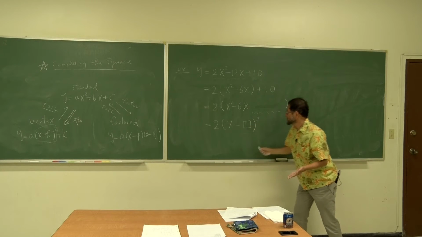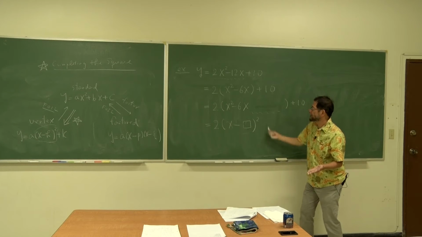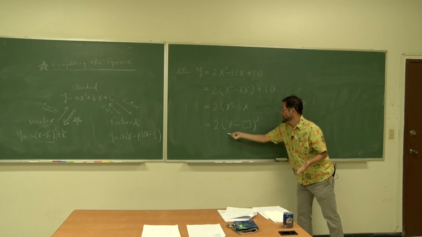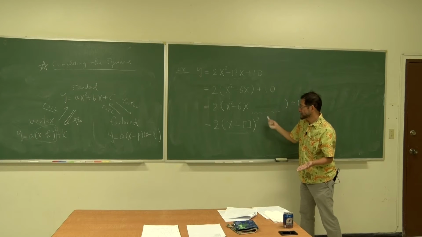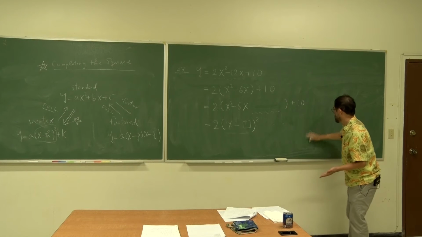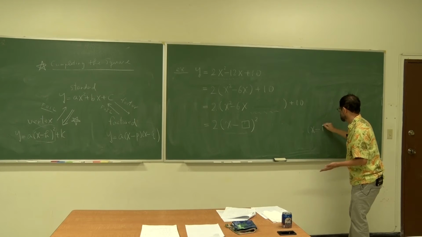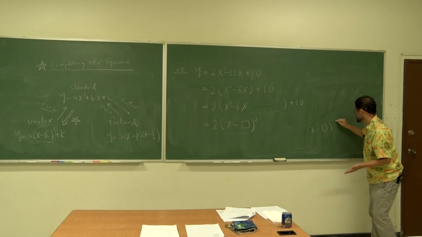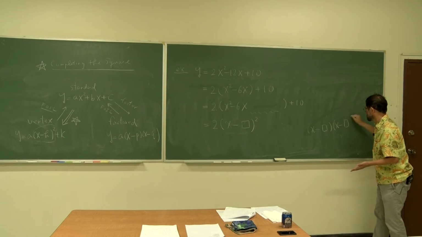Since this is an equality, imagine going back and multiplying out. You get x minus something squared.